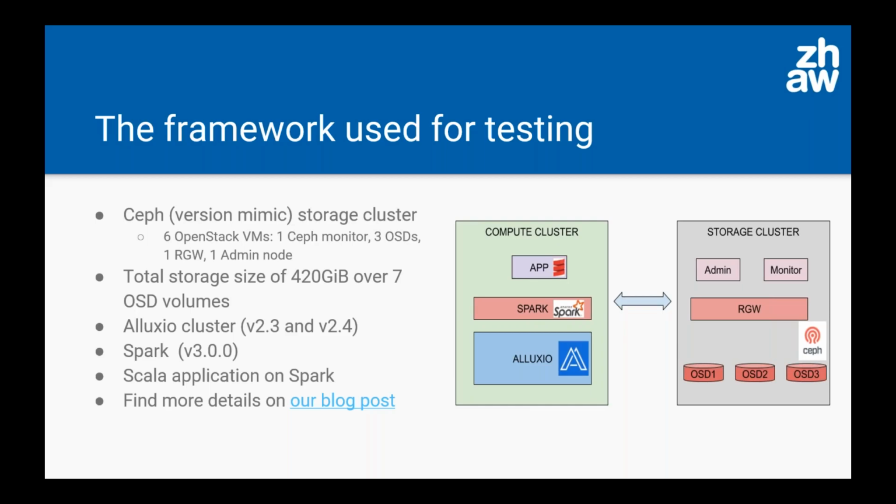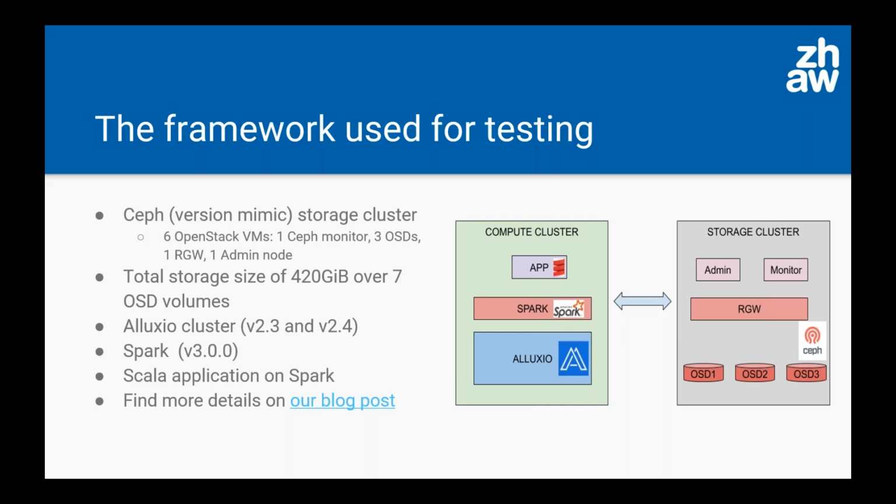You can find more details on this on our blog post, but the main aspect featured here is that the total storage size was 420 gigabytes over 7 OSD volumes. We had a computation cluster on the left side in the figure. This was based on Alluxio.